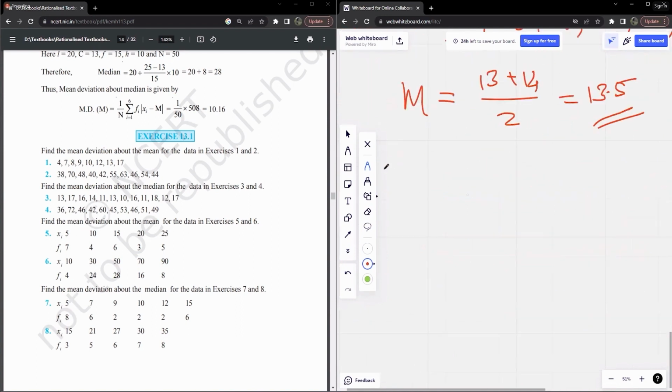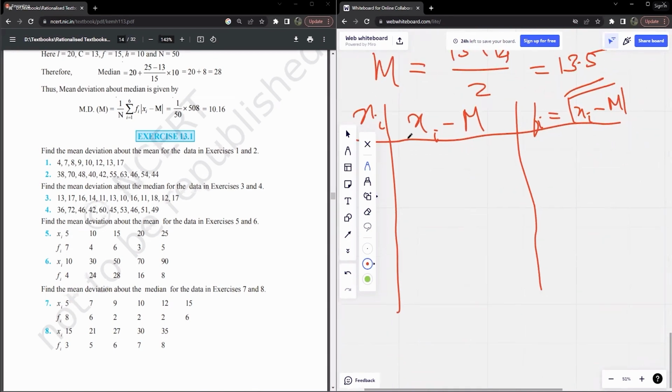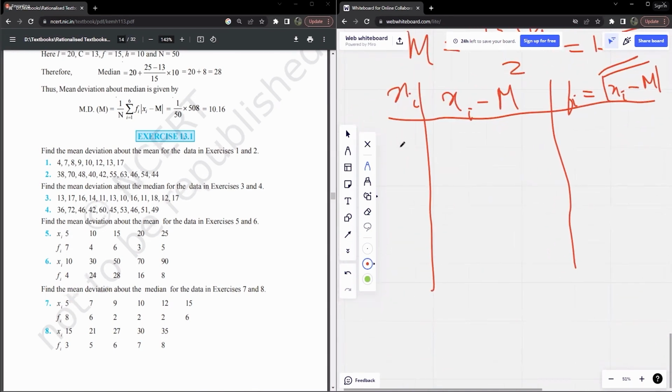So we go ahead with drawing the table. Or if you are very well versed and very confident in your maths, you can just proceed without drawing the table also. So this is going to be xi, xi minus capital M, and fi, which is equal to mod of xi minus capital M. Your xi then is going to be 13, 17, 16, 14, 11, 13.